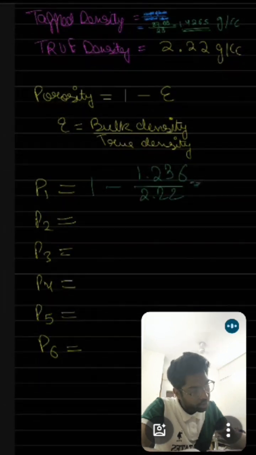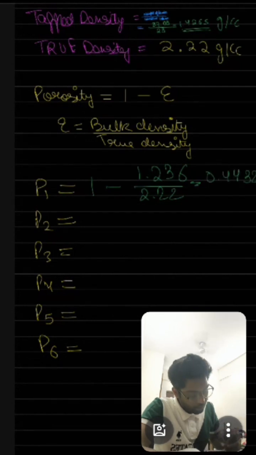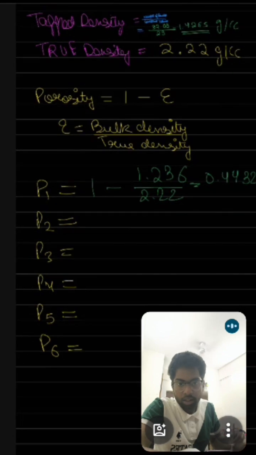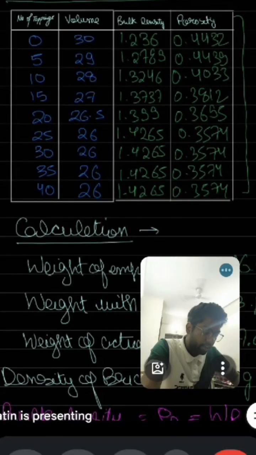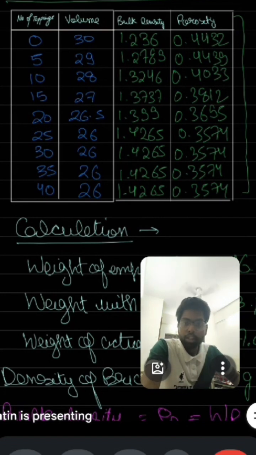So it comes out to be 0.4432. Similarly, we will calculate the other values. We have calculated the bulk density and porosity of the brick powder. Similarly, we will calculate the bulk density and porosity of silica powder.